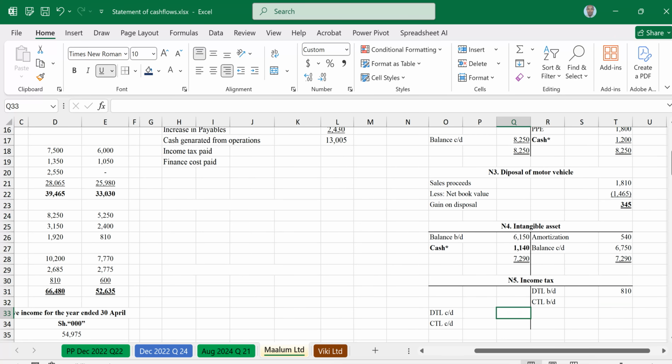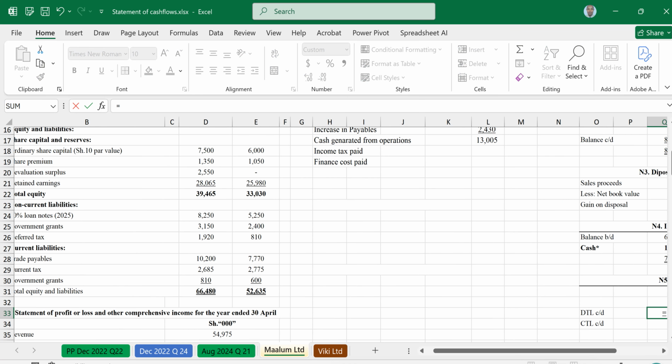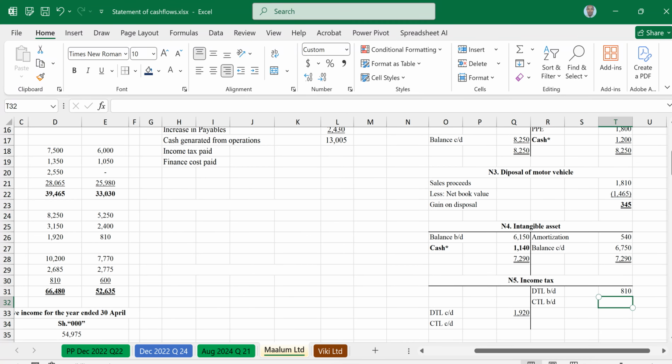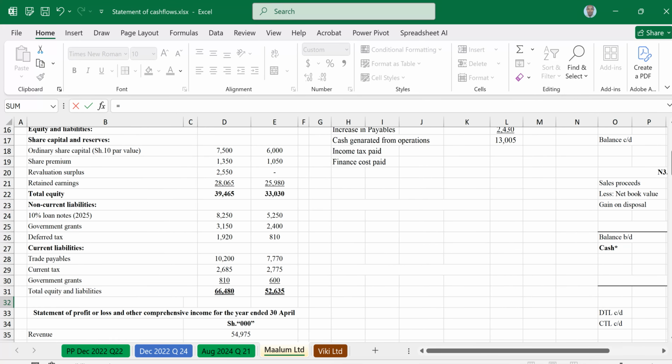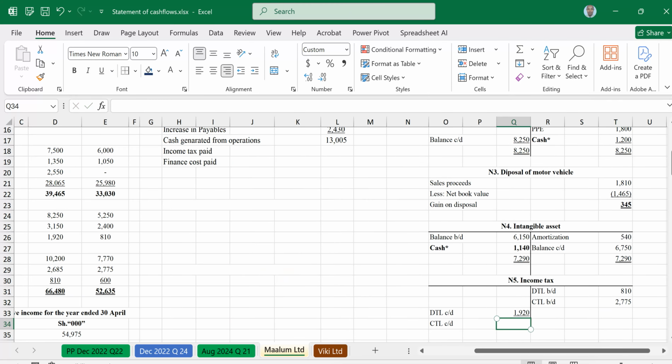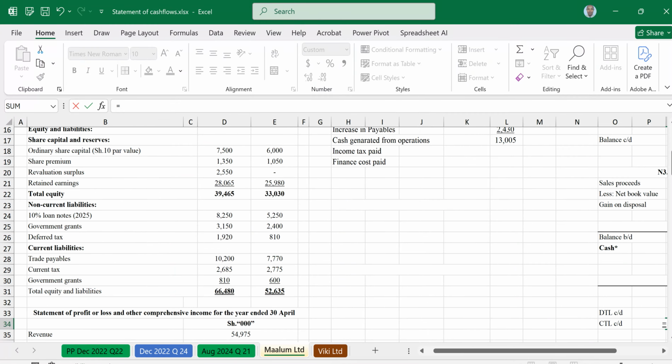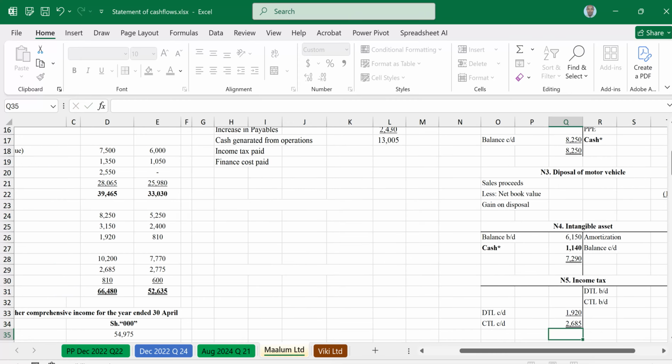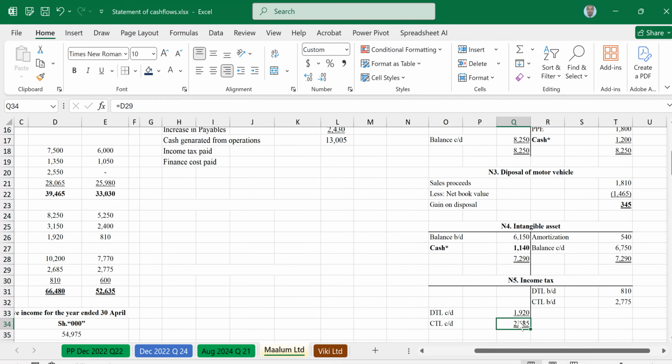Then the deferred tax carried down is 1920. Then the current tax brought down is 2775. Then the current tax carried down is 2685. We have 2685 on that side.